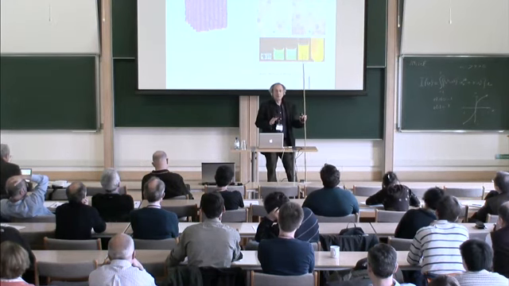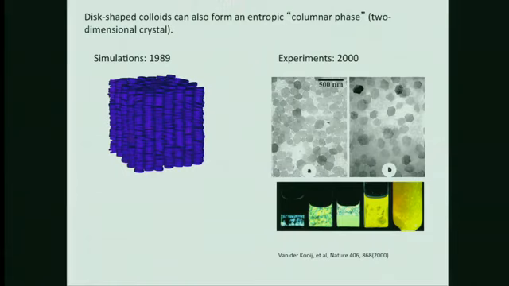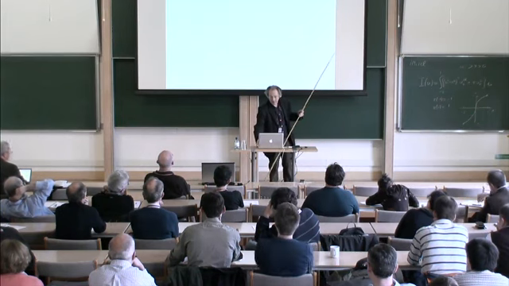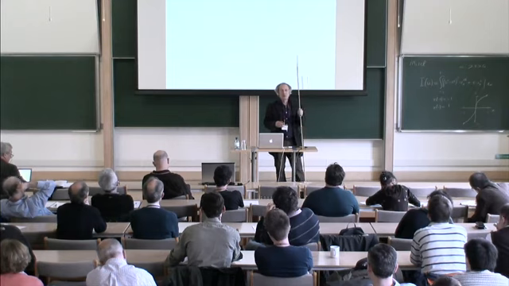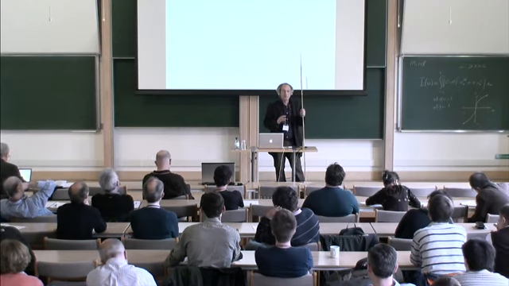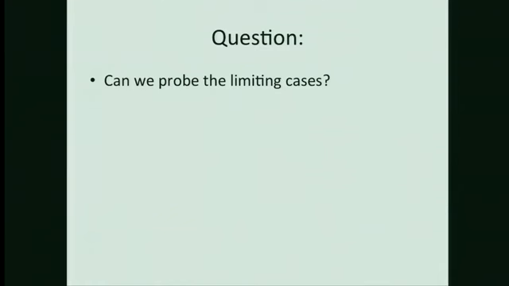Now, what I want to do today is to discuss specifically what we can learn from looking at limiting situations. I will look at limiting cases, but actually looking at limiting cases is pretty much the very first thing that happened in this field.